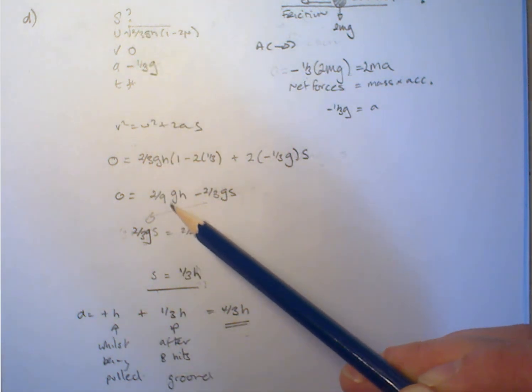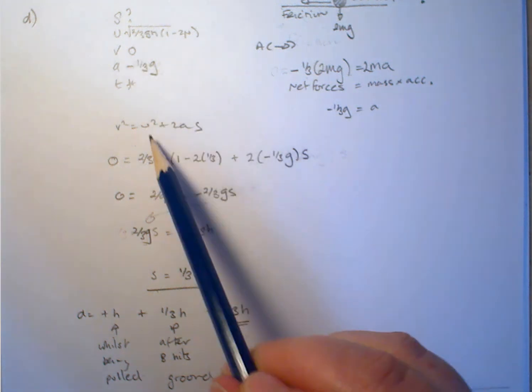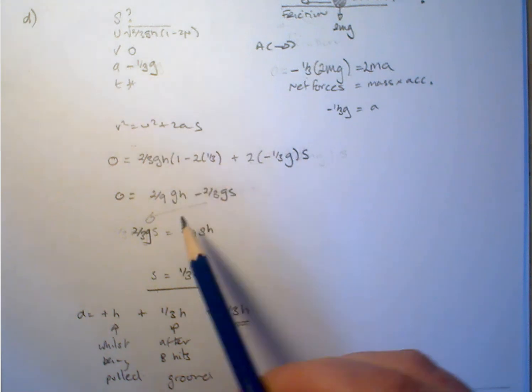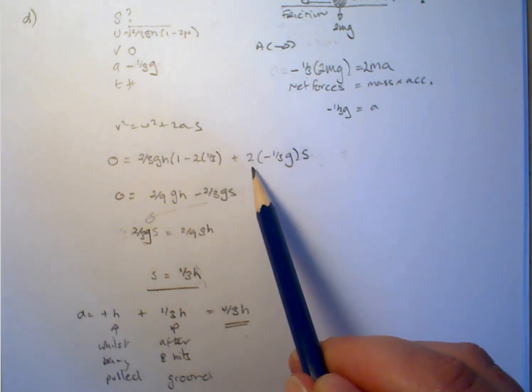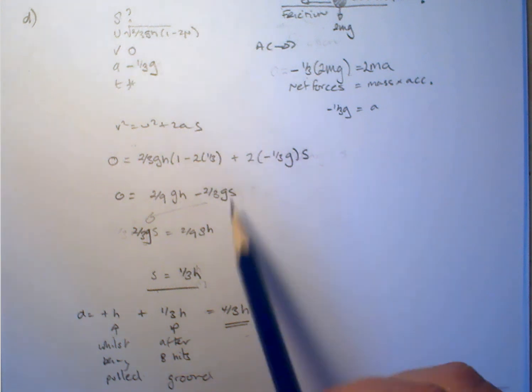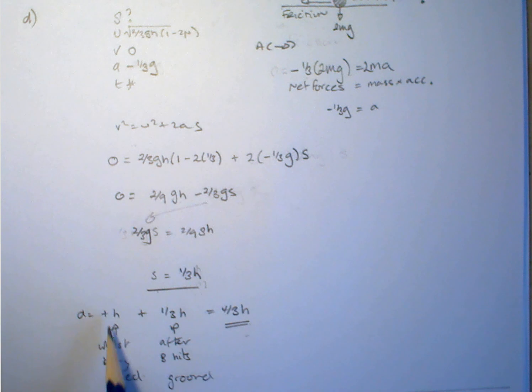So I'm using u squared. Notice that I haven't got rid of the square root sign because it's u squared. So I've got u squared plus 2as, and the acceleration is minus a third g. Rearrange it, I get s equals a third h, and I added the original h that you had here.